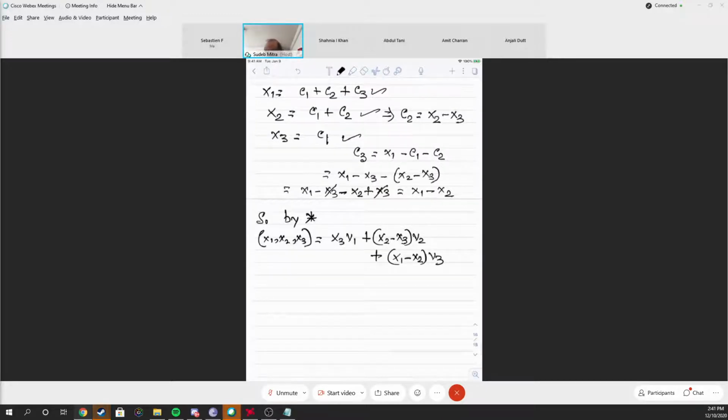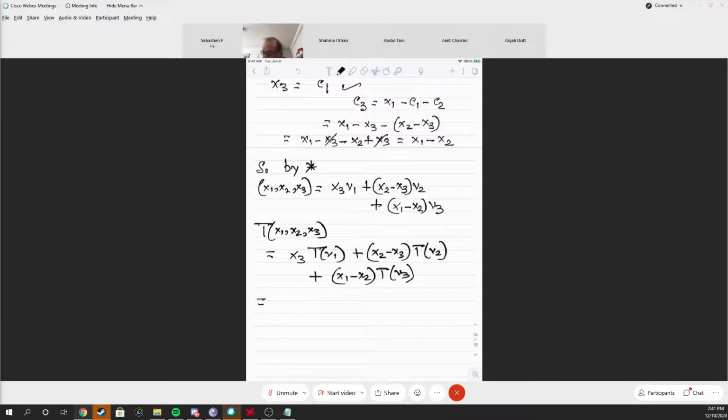Okay, so T of x1, x2, x3 is equal to x3 times T V1 plus x2 minus x3 times T V2 plus x1 minus x2 times T V3.